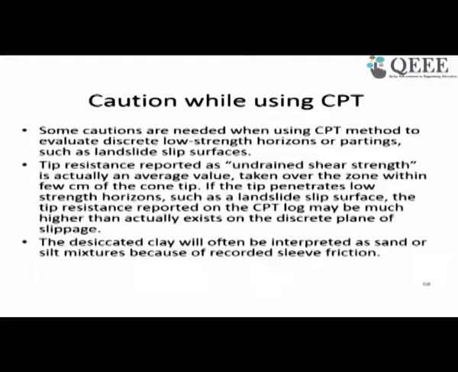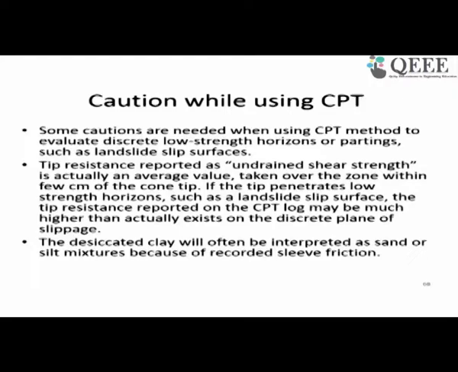Now the other aspect is, for example in landslide applications, many times there will be a thin layer of weak zones which may be overlooked using CPT, because what CPT exactly calculates is the average value of the penetration for 4-inch penetration. Now if a particular layer has a weak zone it may not get recorded and the average value may be higher than the expected one.